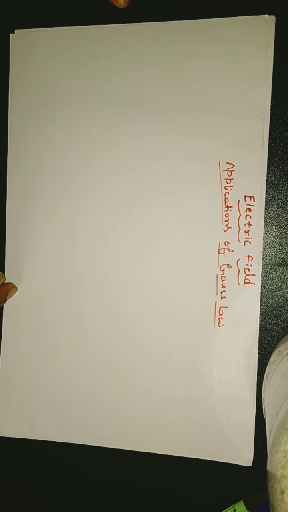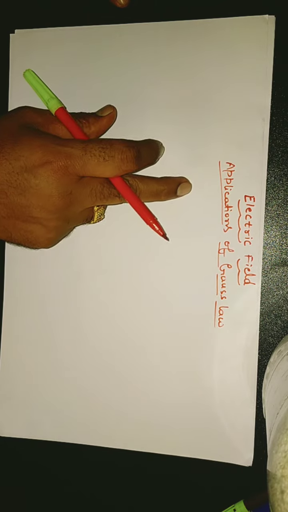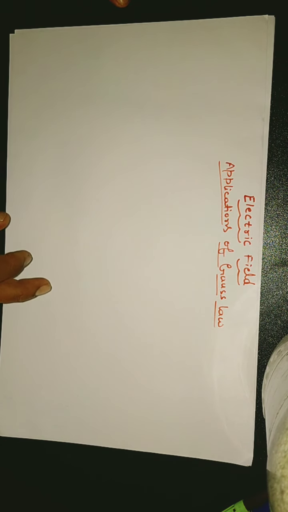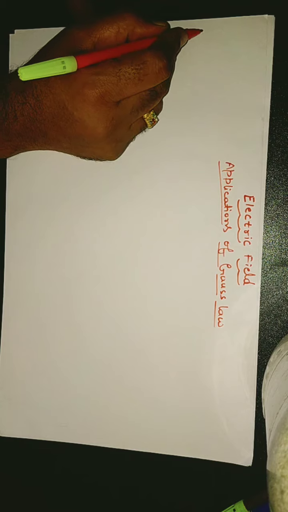As a continued part, we will today discuss the second application of Gauss law as mentioned in your syllabus, that is electric field due to an infinite charged plane sheet.